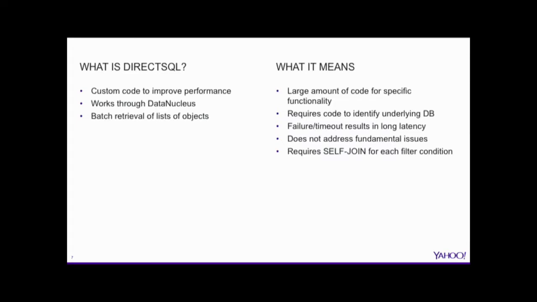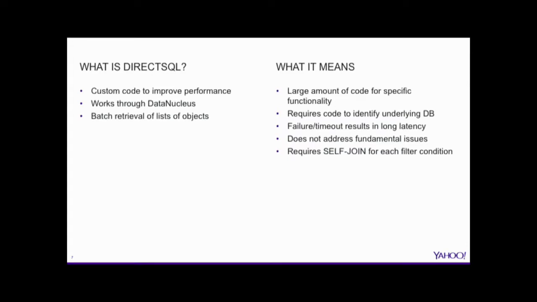But again, what does that mean to us? It means that it's an admission that DataNucleus's implementation of this type of operation is really suboptimal and breaks down when you're dealing with large result sets.